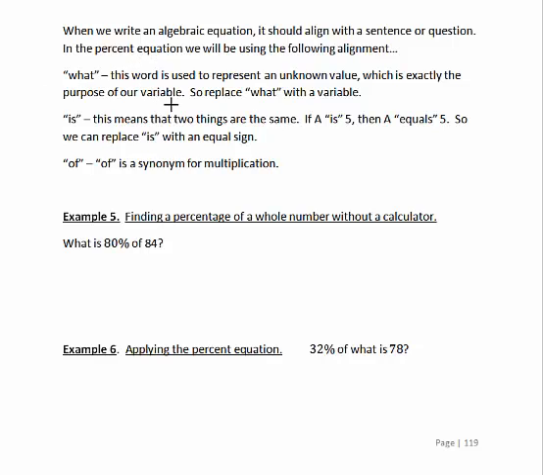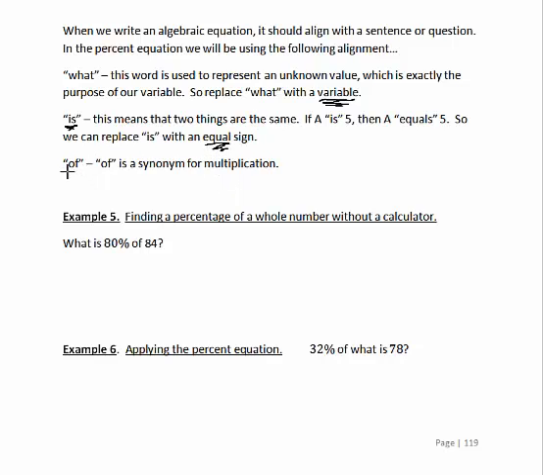Okay, so we're going to go through 3 different versions of a percentage question. And these questions are going to contain the words what, is, and of. When we see what, we replace it with a variable. When we see is, we can replace it with an equal sign.